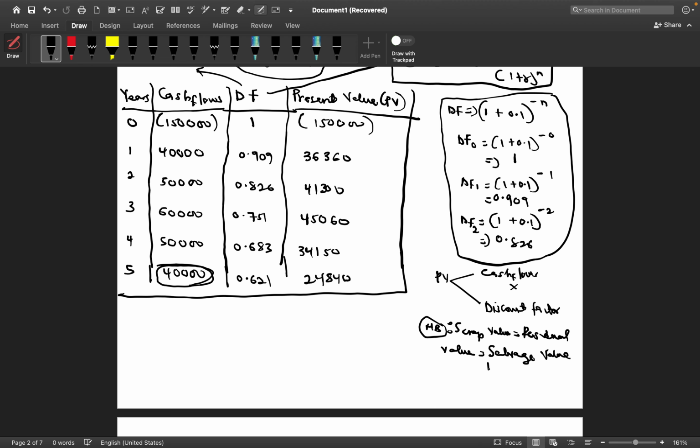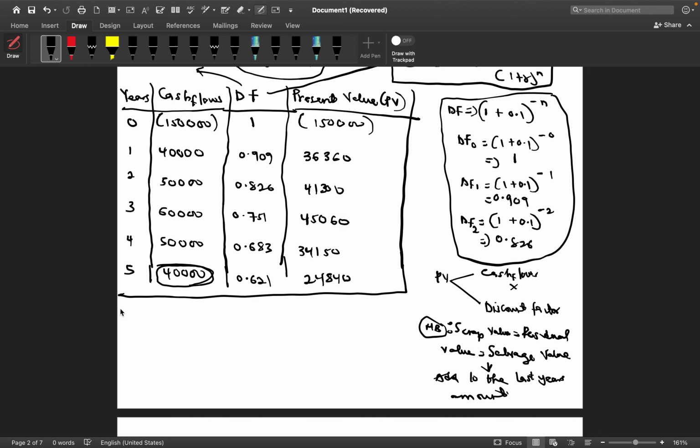So we always add it to the last year's amount. That's the concept. With scrap value, residual value, or salvage value, we add it to the last year's amount, like what I did here. But there was no scrap value, so I didn't add anything.